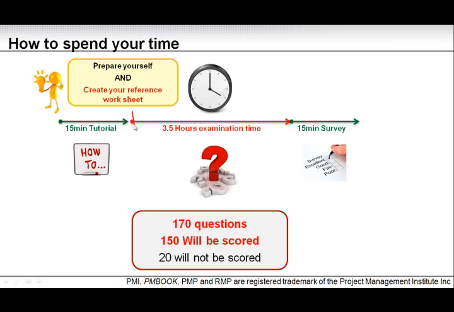The reason I'm saying this and the reason why we're proposing this is that once you start going through the questions, you don't want to stress and suddenly have to think, what was the formula for this question? If you have your worksheet lying next to you, those questions become the easiest questions in the entire exam, because you simply turn your head, look at the worksheet, pick up the formula, and now you with confidence can answer that question.